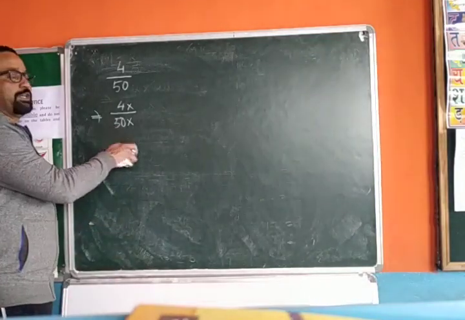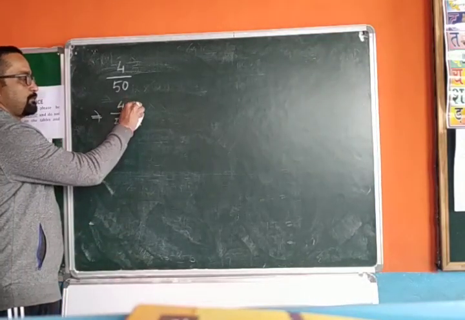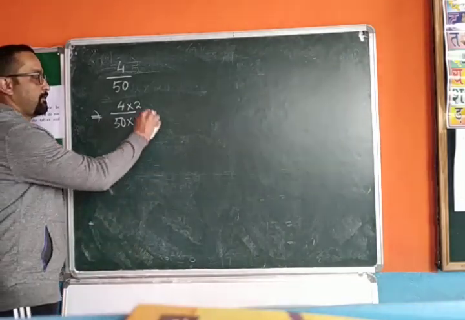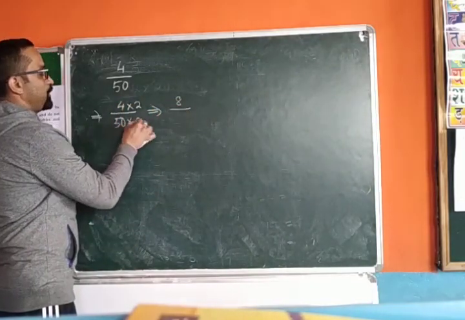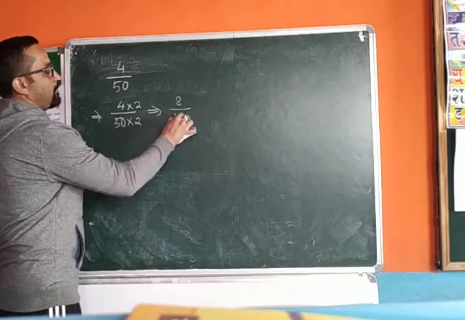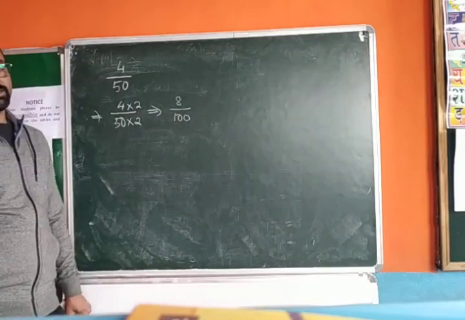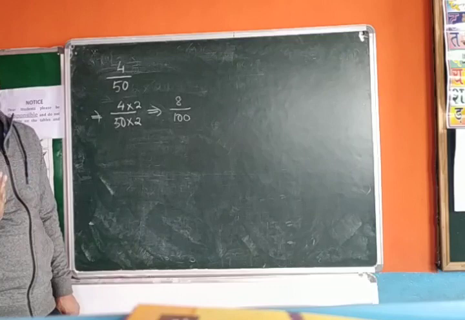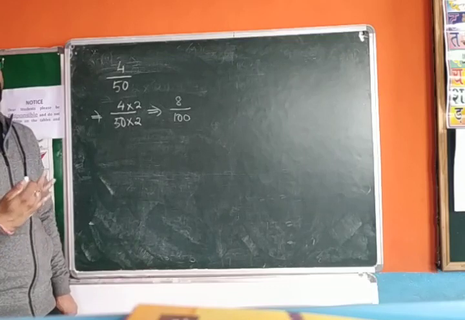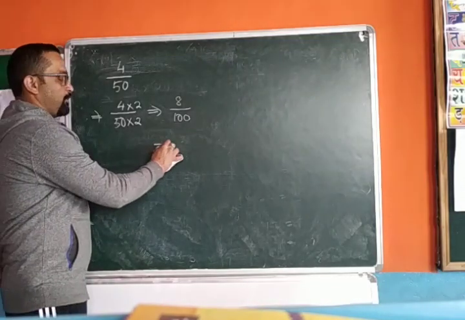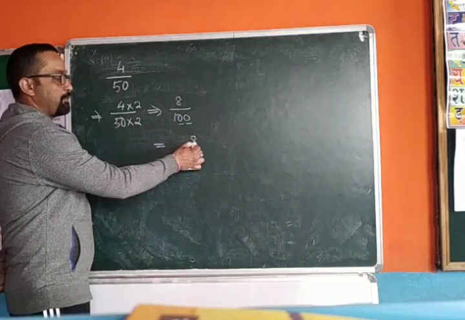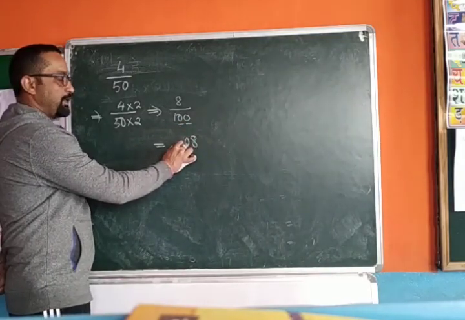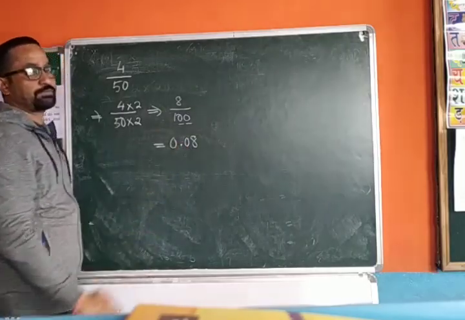So 50 when we multiply by 2 gives us 100. 4 multiplied by 2 is 8, 50 into 2 is 100. Now the denominator has changed to a power of 10, that is 100. You write 8, count the number of zeros, 1 place, 2 places, decimal, 0.08.